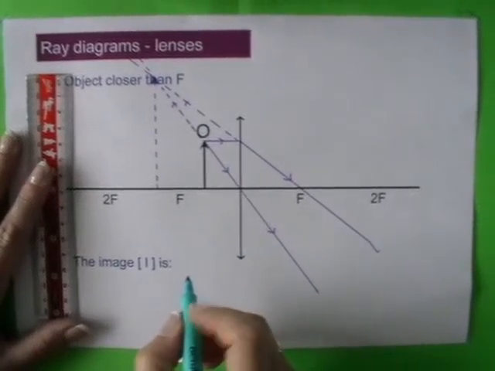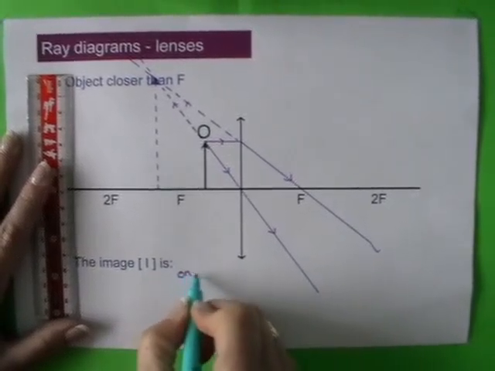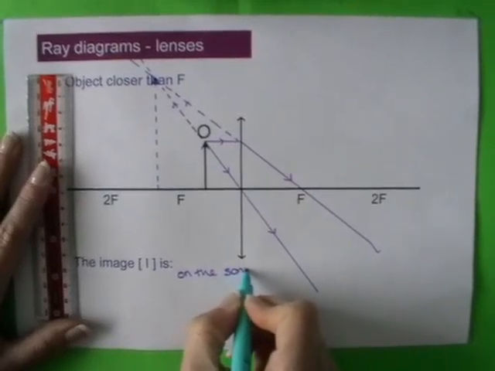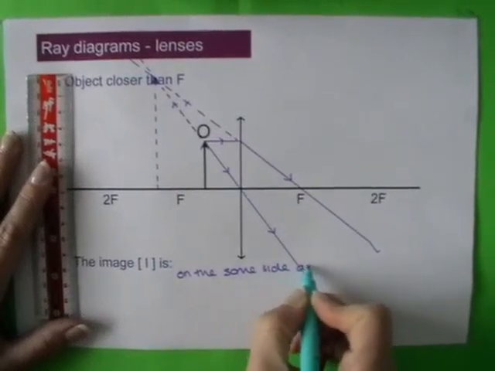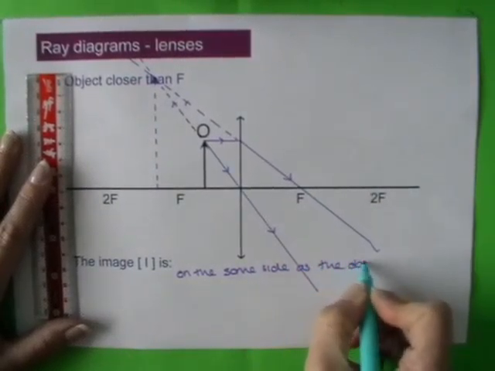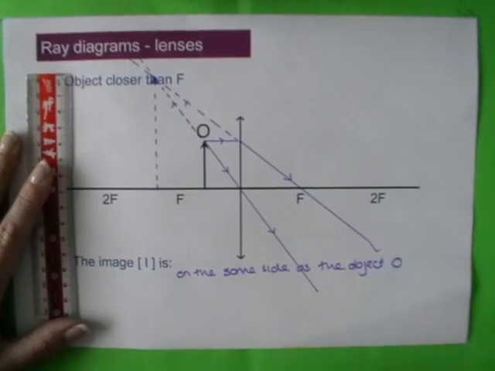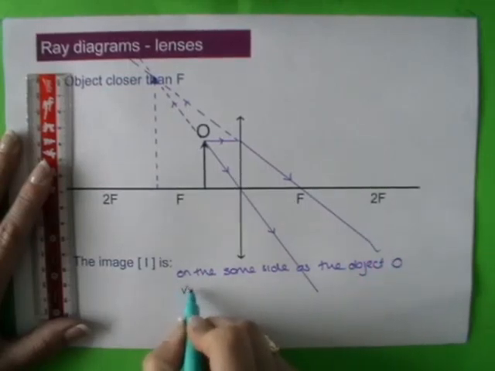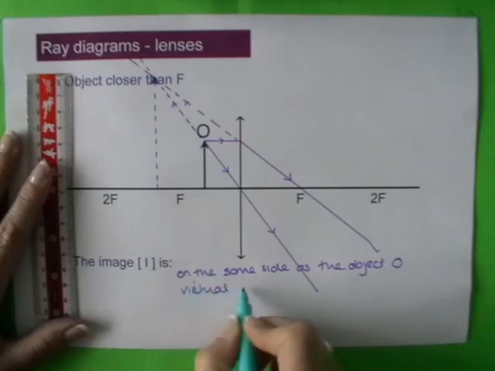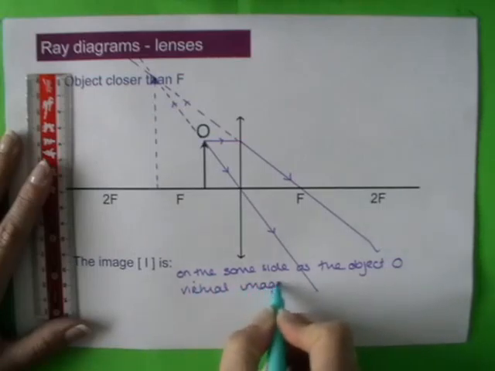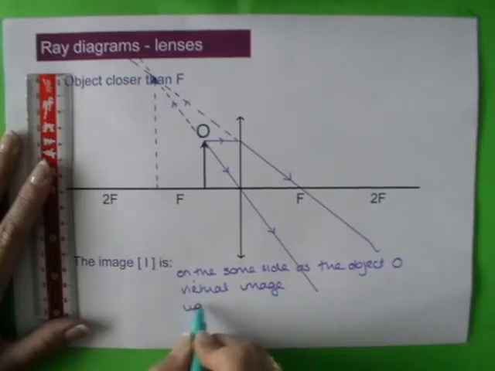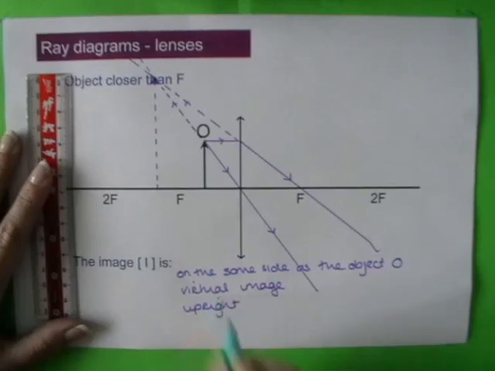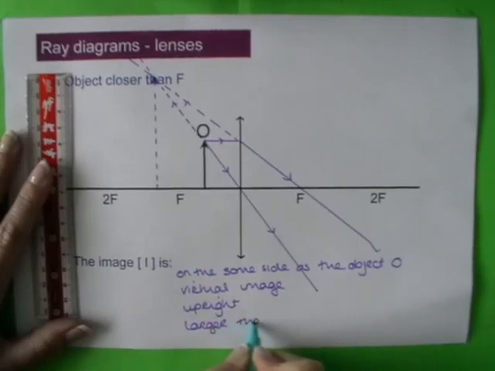In this case, the image is on the same side of the lens as the object. It is a virtual image because we can't capture it on the screen. And also it's upright. Previous images we had were all inverted. This one's upright and it's larger than the object.